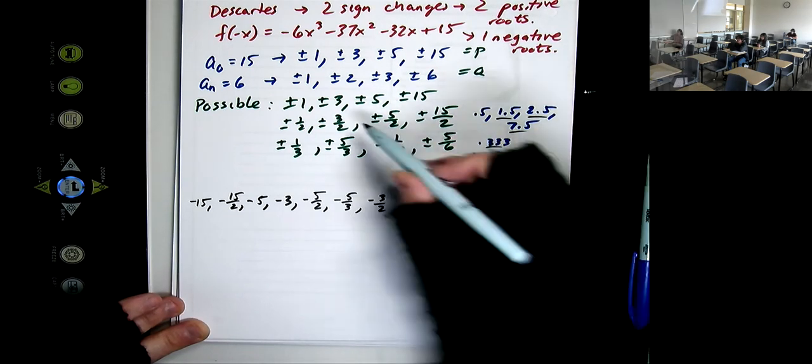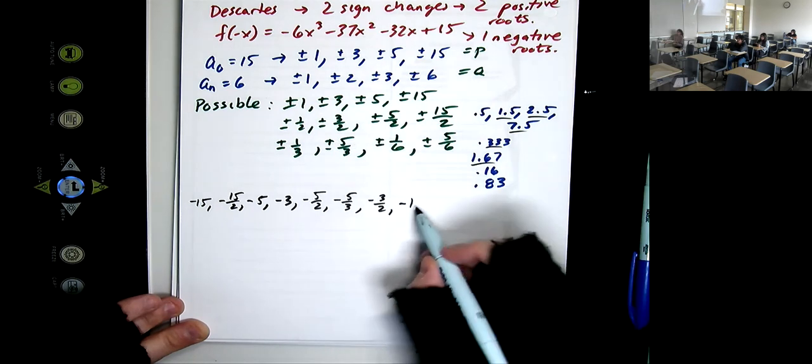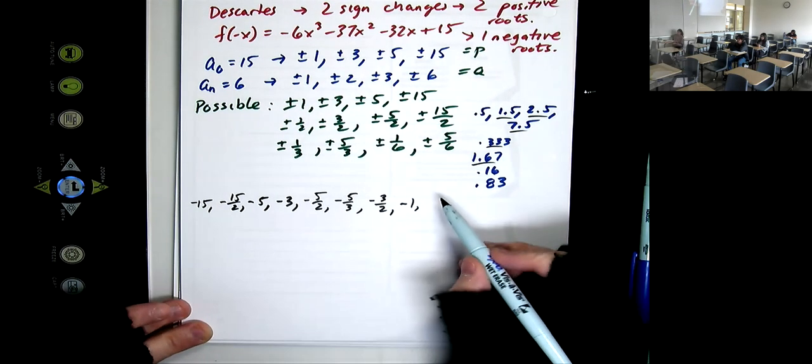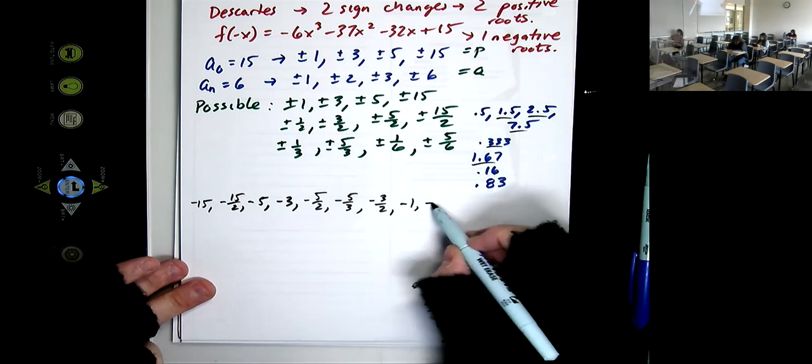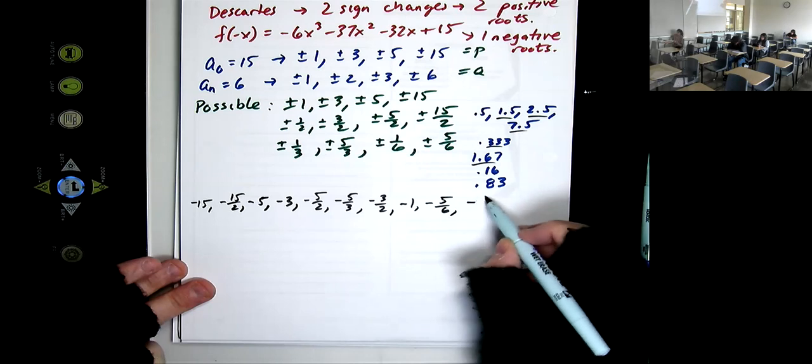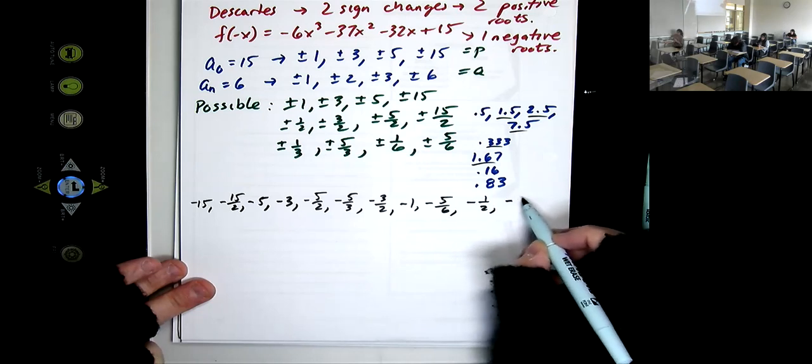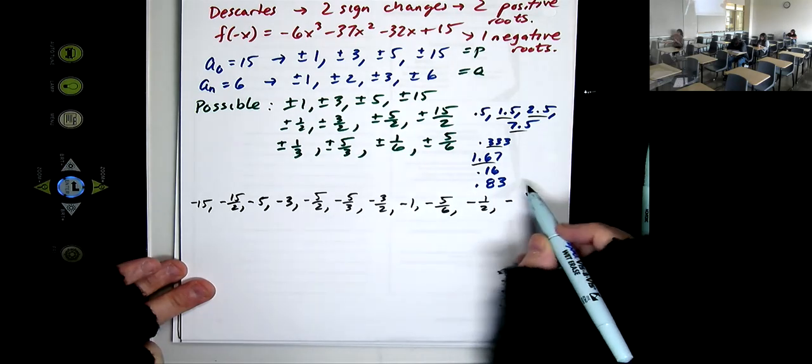Now my next one is -1. This is a pain in the ass, right? Then my next smallest is -0.83, which is the 5/6. I got -1/2 and -1/3 and -1/6.